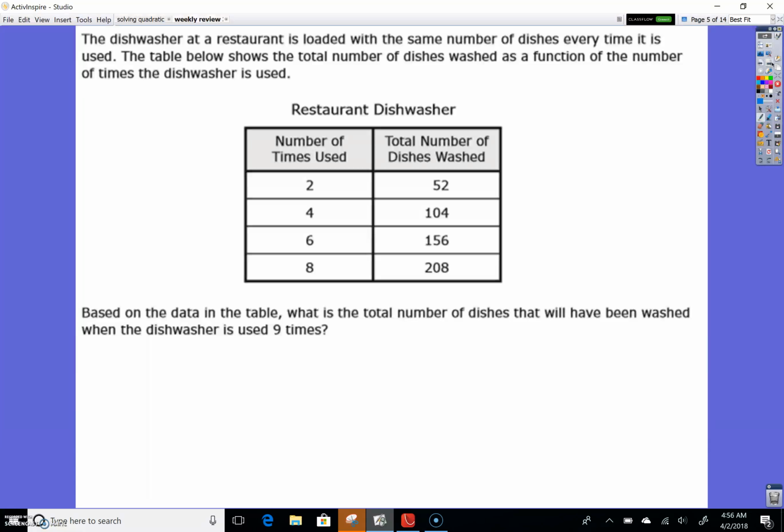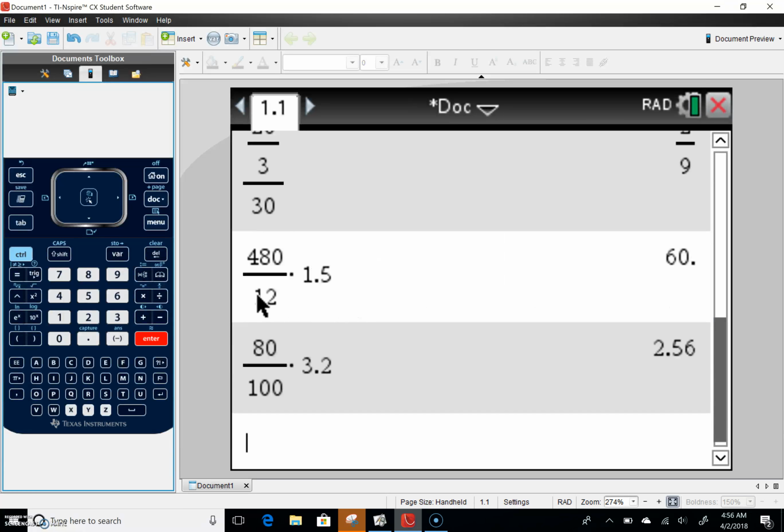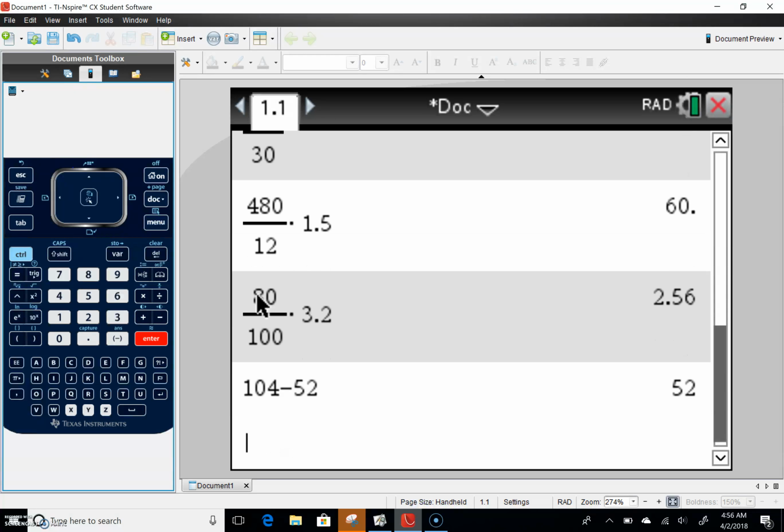Alright. The dishwasher is loaded with the same number of dishes every time it is used. The table below shows the number of dishes washed as a function of the number of times the dishwasher is used. So what we have to do is figure out what happens here. I can go into my calculator and say 104 minus 52, enter. So the increase is 52.